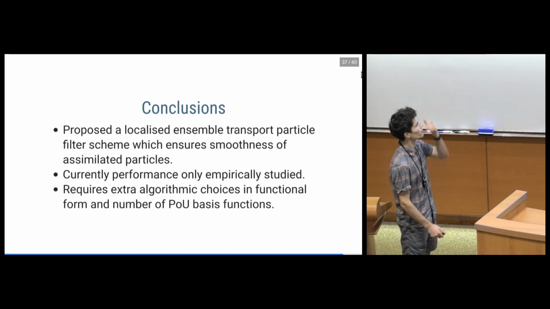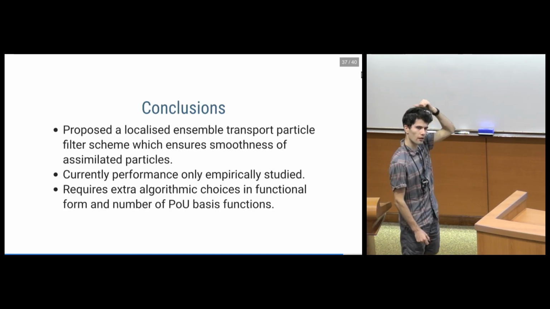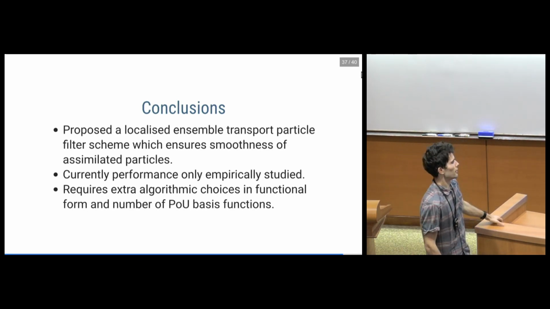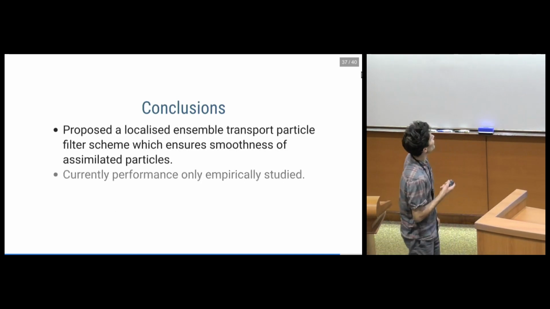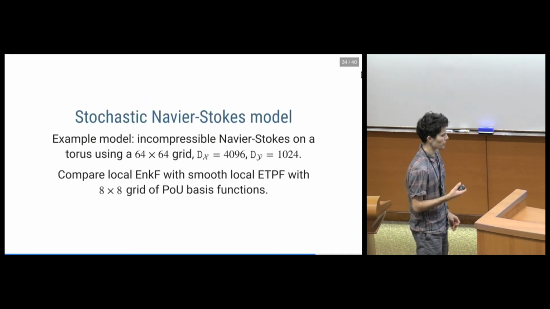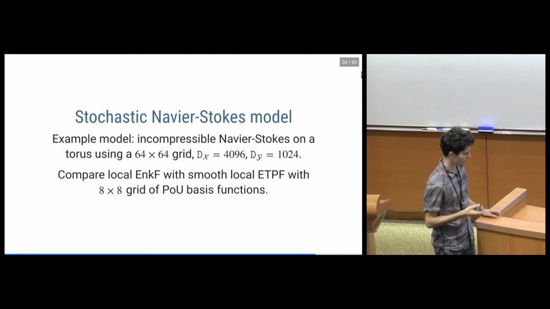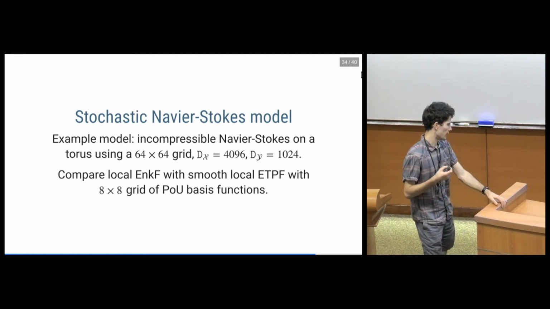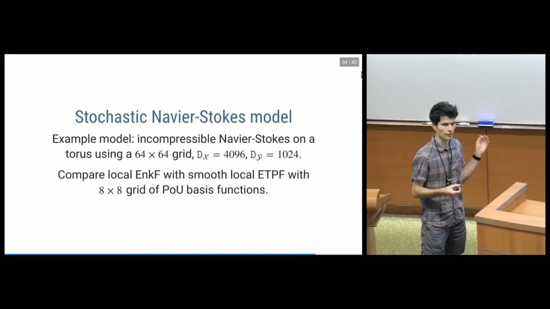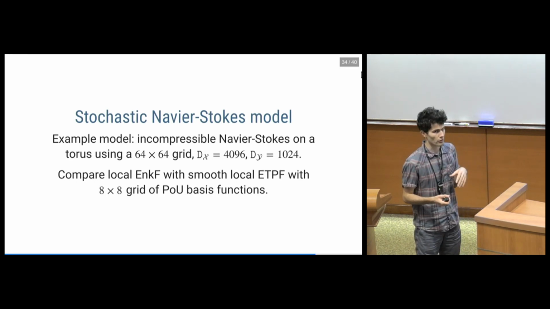So for the EMKF itself, it's based on a Gaussian assumption. Yeah. So how about your method? The ensemble transport particle filter doesn't rely on a Gaussian assumption. As I said, it is consistent in the non-localized setting for the large ensemble limit.